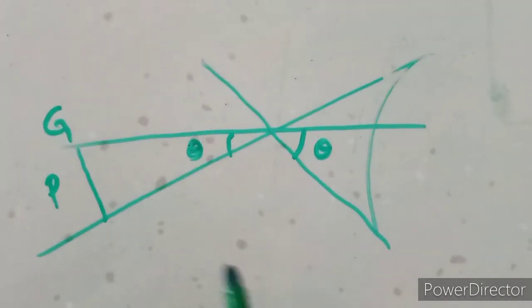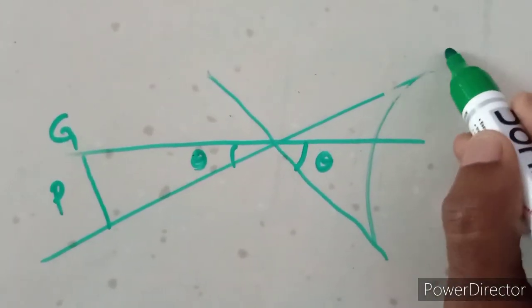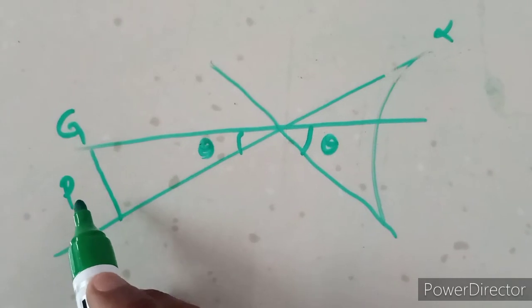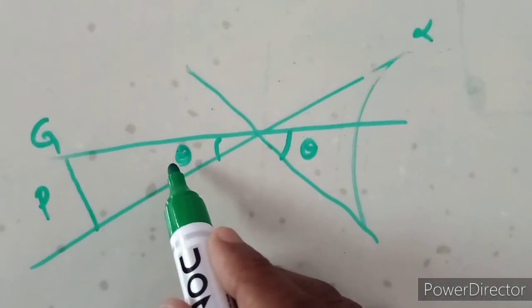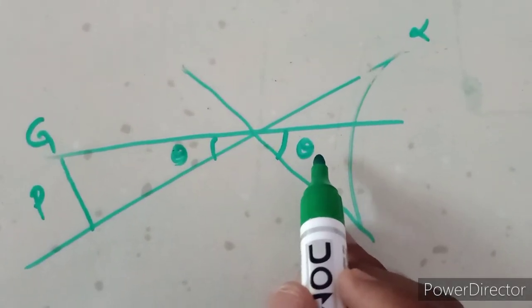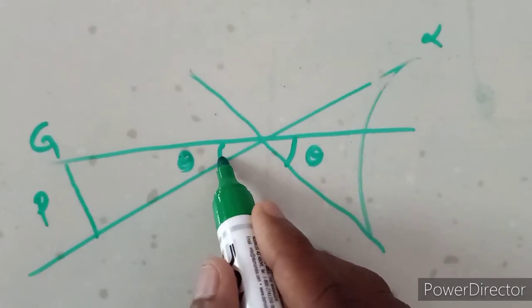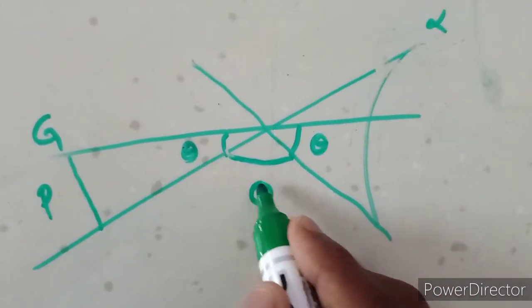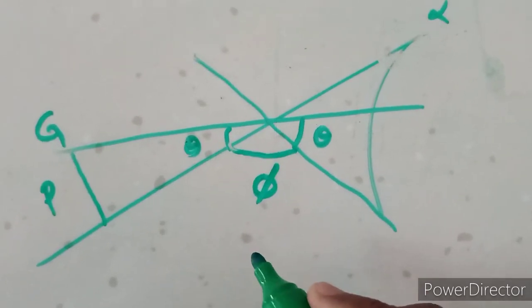We observe the diagram. This is the gold nucleus, this is the alpha particle, this is the initial direction, this is the impact parameter, this inclination is theta, this is also inclination theta, this is the scattering angle, that scattering angle is indicated by phi.